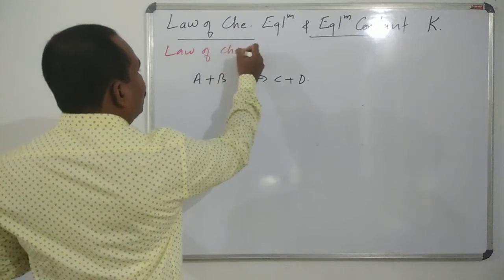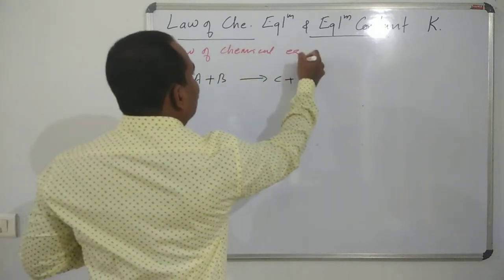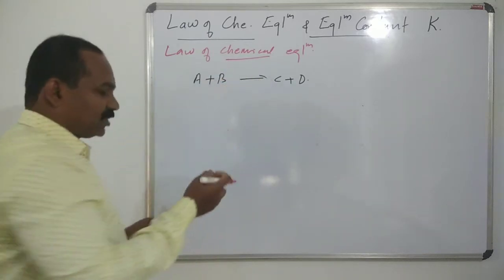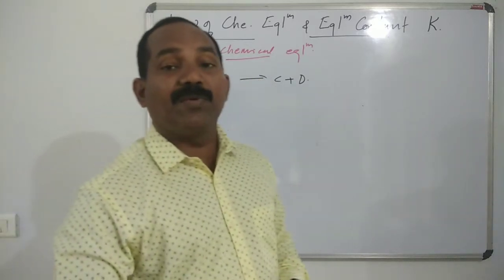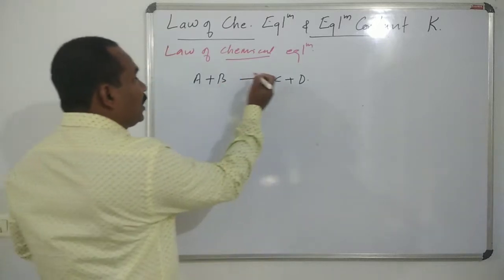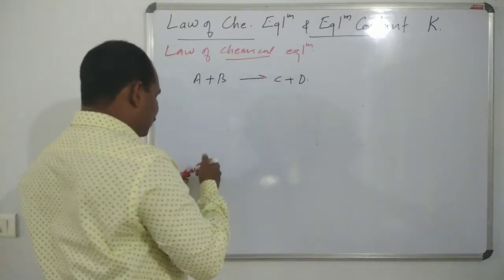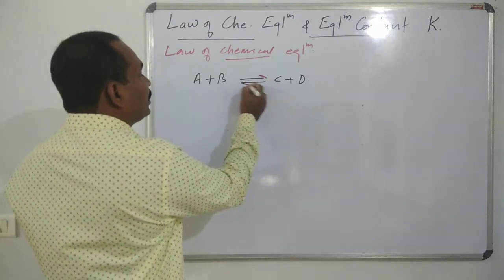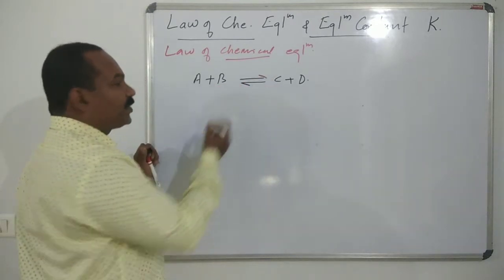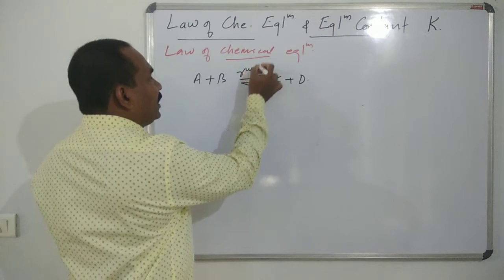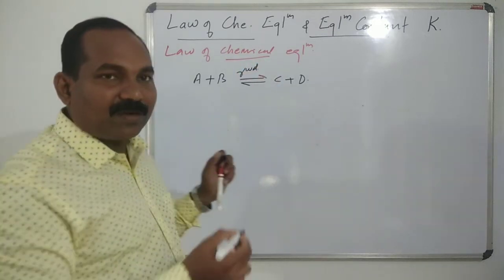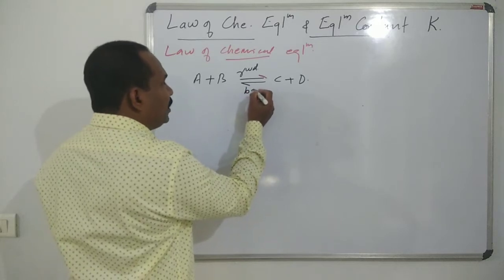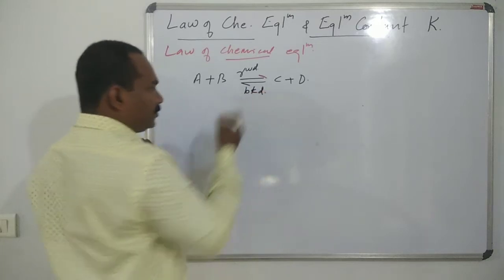Again we consider an equilibrium reaction: A plus B gives C plus D, and C plus D gives A plus B. This is the forward reaction, shortly written FWD, and this is the backward reaction, BKD.